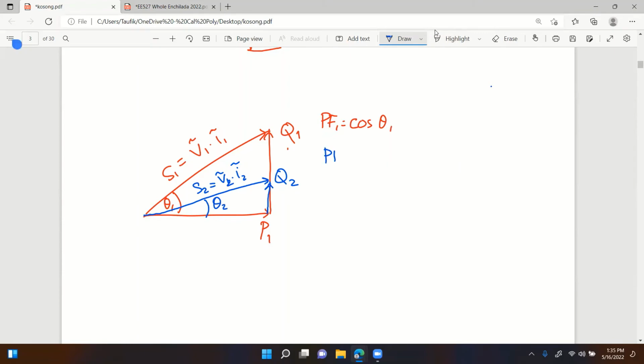So power factor 2 is equal to cosine of theta 2. And because this is a cosine function, power factor 2 will be larger than power factor 1. So basically this improves the power factor.